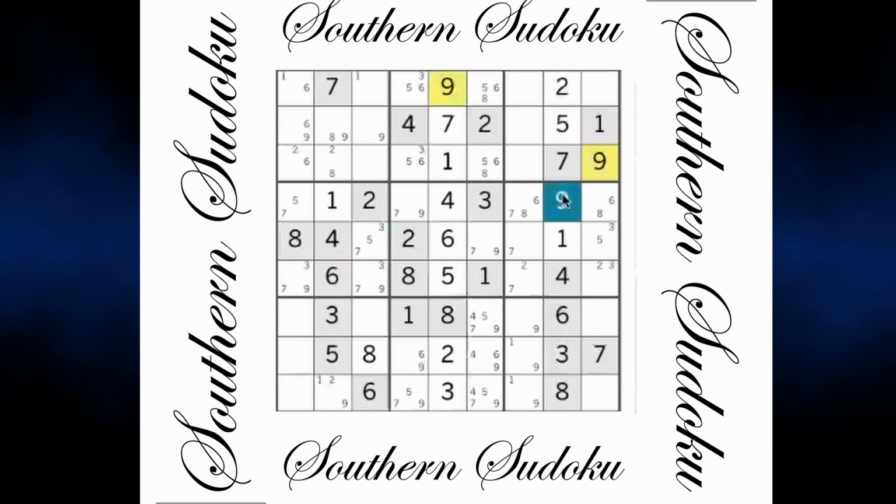That one can't be a 9 because of that. So that one has to be the 7. That one has to be the 9. So if that's a 7, that's a 5.